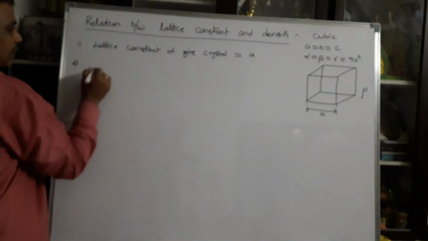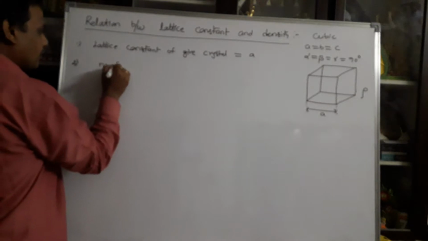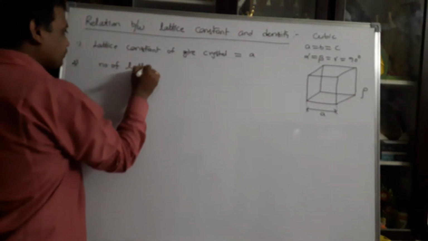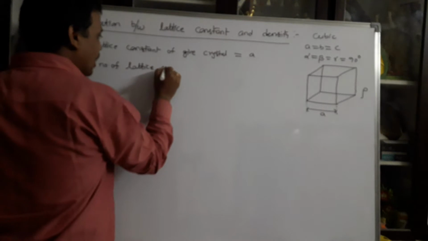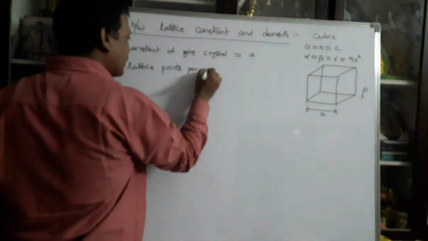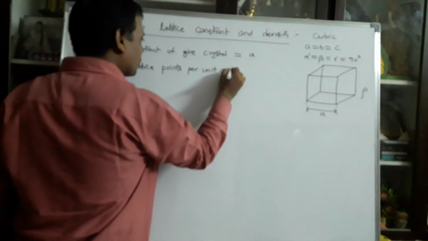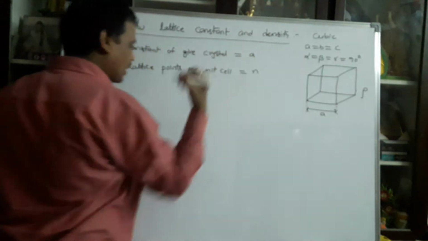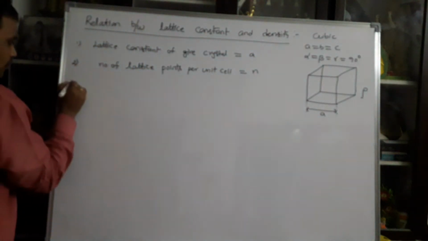Second, I am taking the number of lattice points per unit cell as small n.